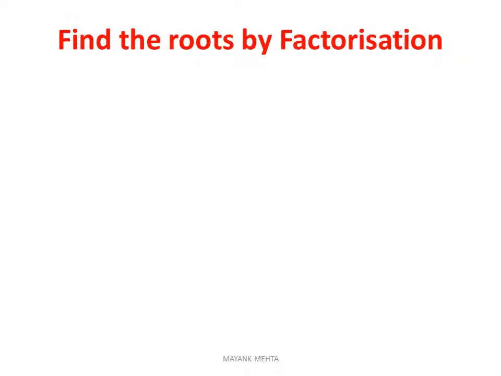So first, finding the roots by factorization. How can you find the roots by the factorization method? We will take one example. Suppose I have taken root 2x square plus 7x plus 5 root 2 is equal to 0. Here you will need to split the middle term.